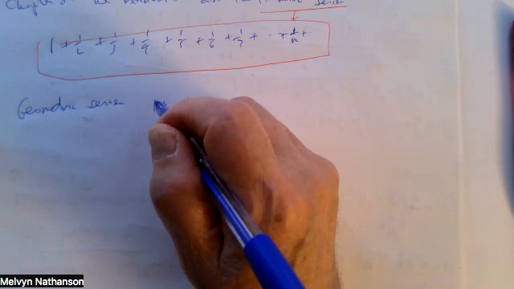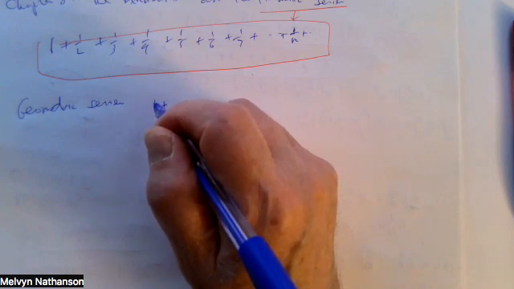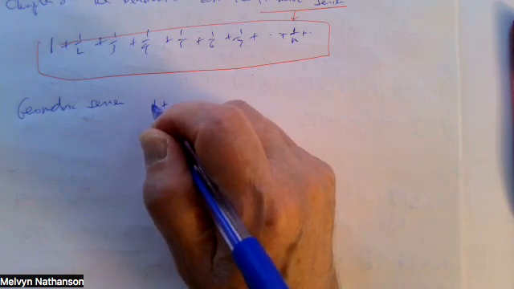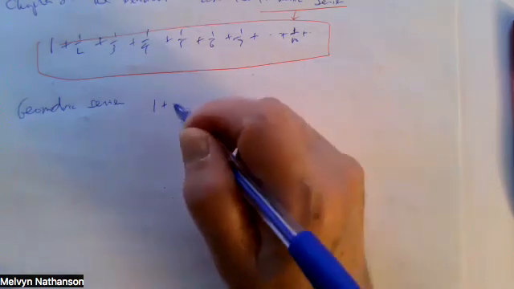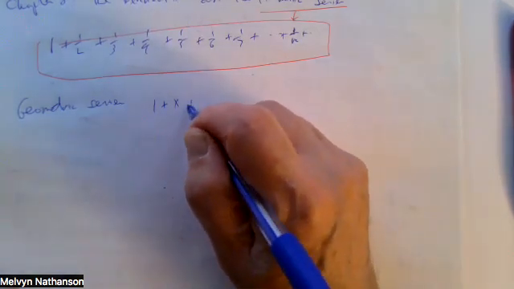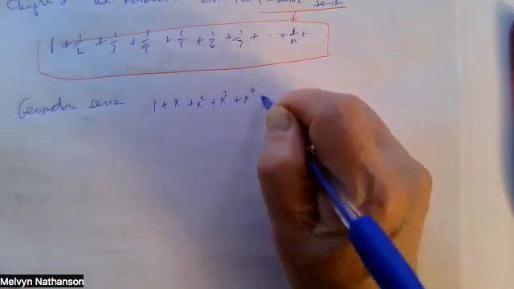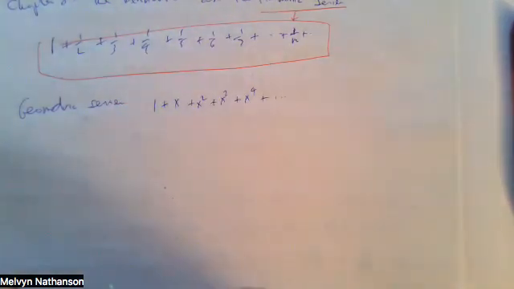Let's see if there's any notation that's used in the text or whether I need to pick my own. Well, x is always a good number. 1 plus x plus x squared plus x cubed plus x to the 4th and so forth. This is what is called a geometric series, all right?